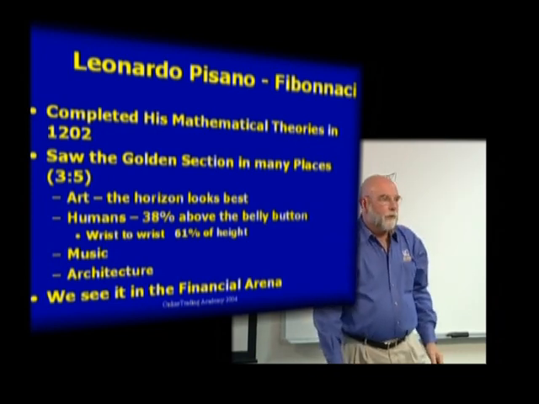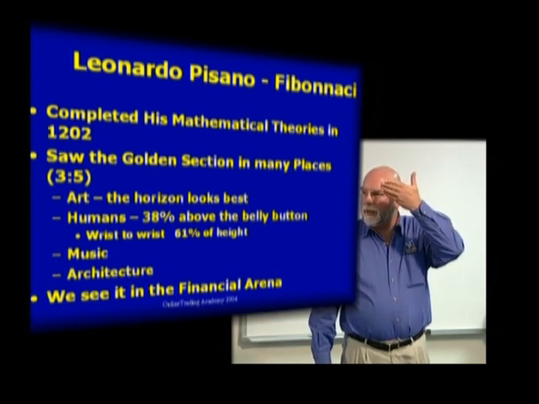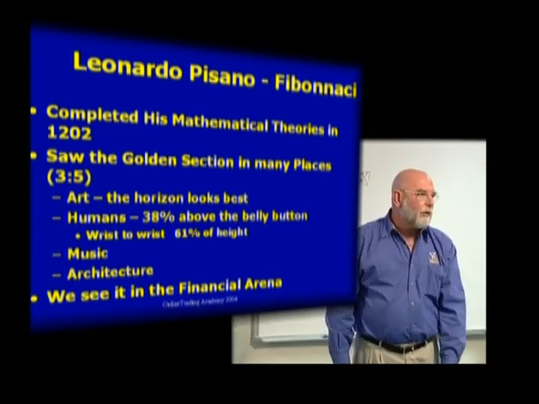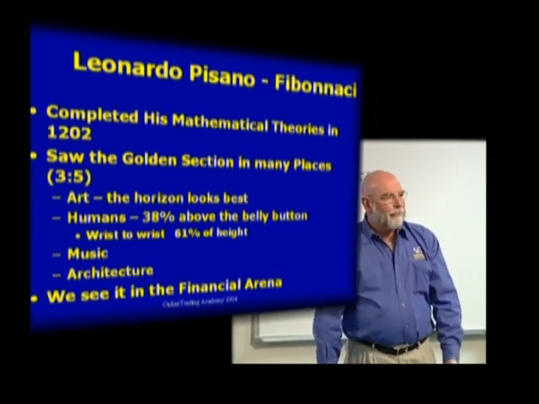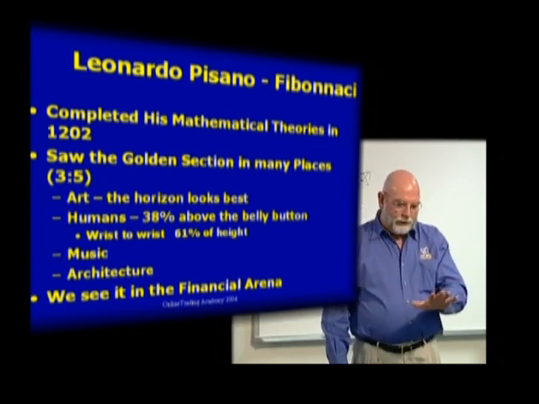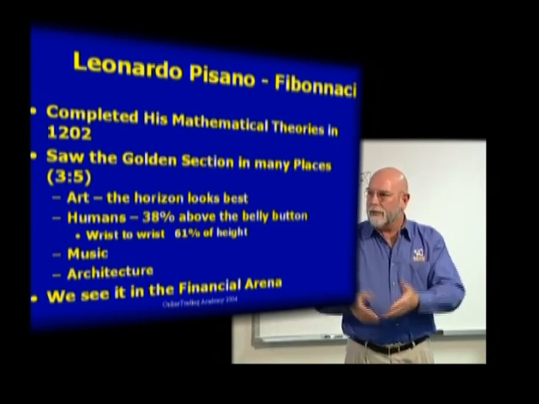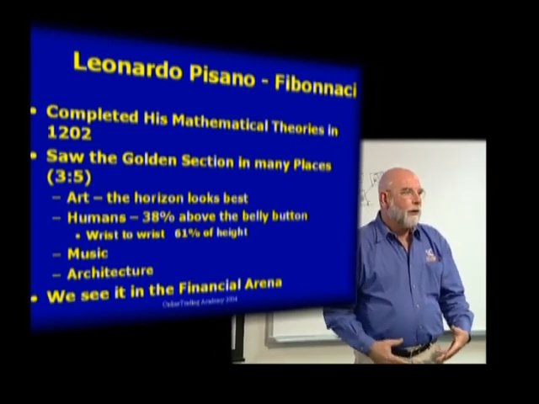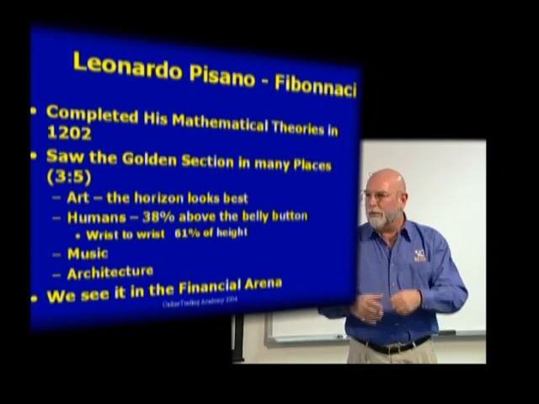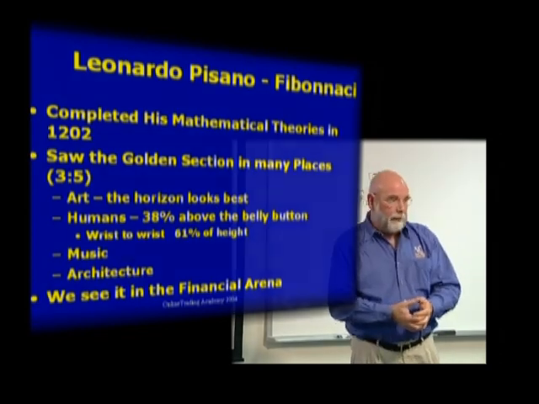The Greeks noticed that 38% of the human body was above the belly button, and 61% was below the belly button. You know, and people start scratching their heads. It even gets into, if you get into the Fibonacci a lot, the Fibonacci numbers show up in your hand, in your body structure. They show up in seashells, in flowers, in music, in art, and certainly the financial arenas.